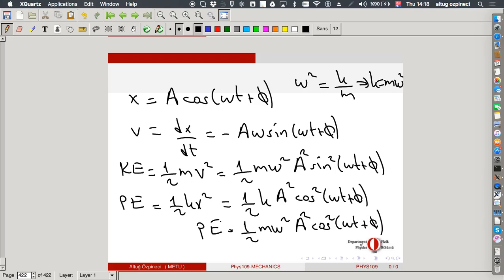This is the potential energy. Now if you compare the kinetic energy and the potential energy, the kinetic energy is some coefficient times sine squared omega t plus phi. The potential energy is the same thing multiplied by the cosine squared omega t plus phi. You can just add the two to obtain the total energy: 1 over 2 m omega squared A squared.